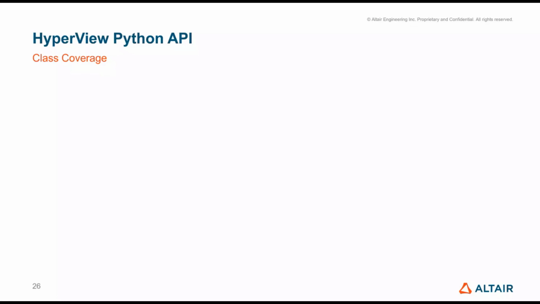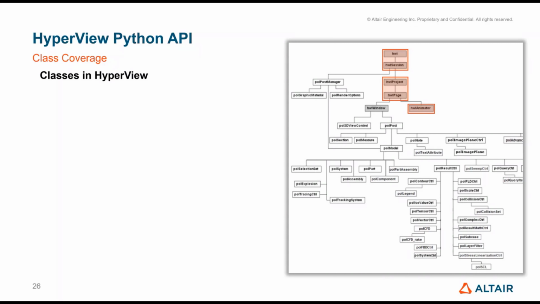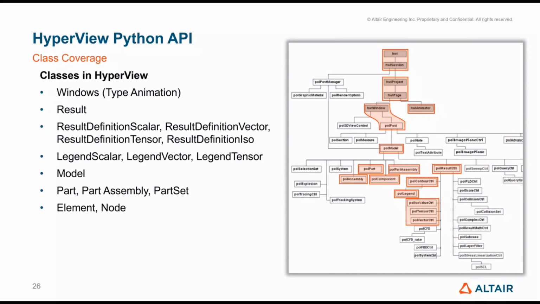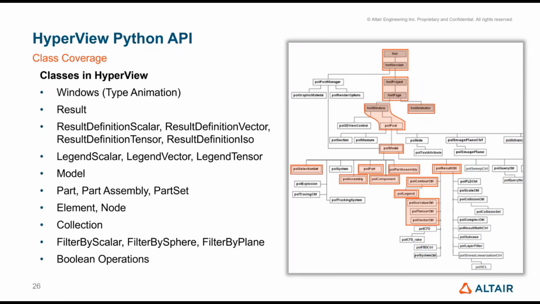Let's quickly go to the class coverage. You see here the framework classes already highlighted on the right side, which are page, session and animator. For HyperView specific, we have from the window type animation specific attributes and properties covered. We will have the whole result and legend stuff covered. From the entity side, we have model, parts, editor, element and nodes covered.